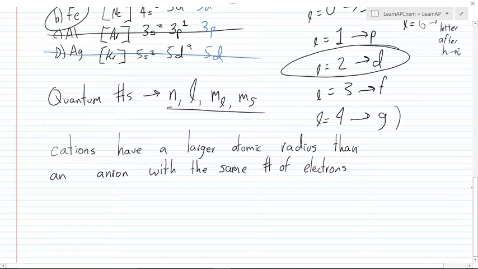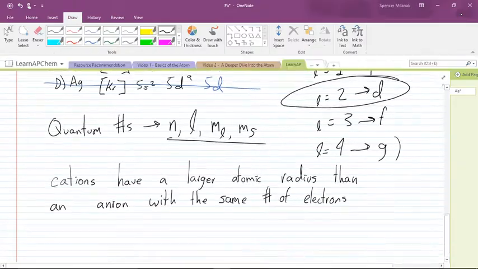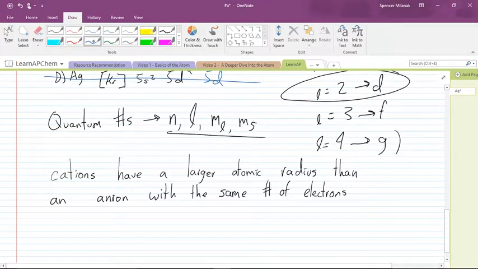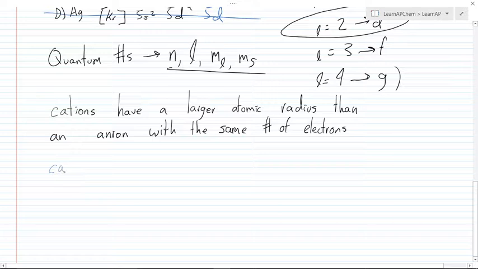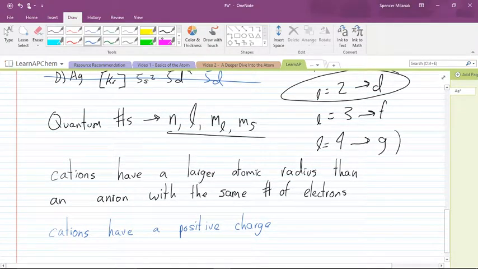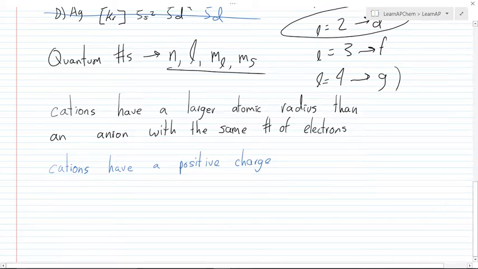So let's talk about why that is. If we remember, I will change color here real quick. Okay, so if we remember, cations have a positive charge and anions have a negative charge.